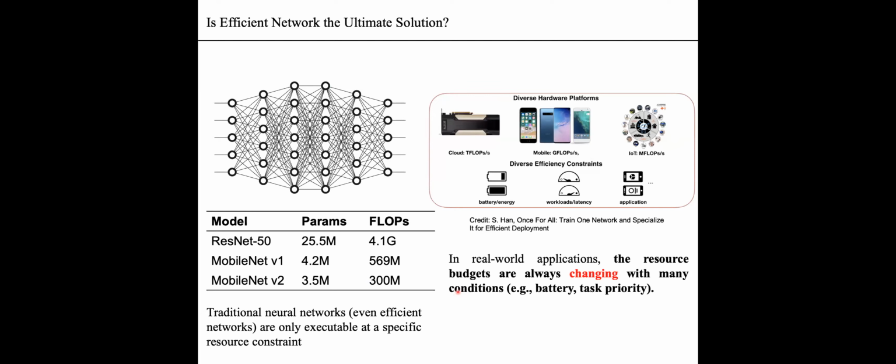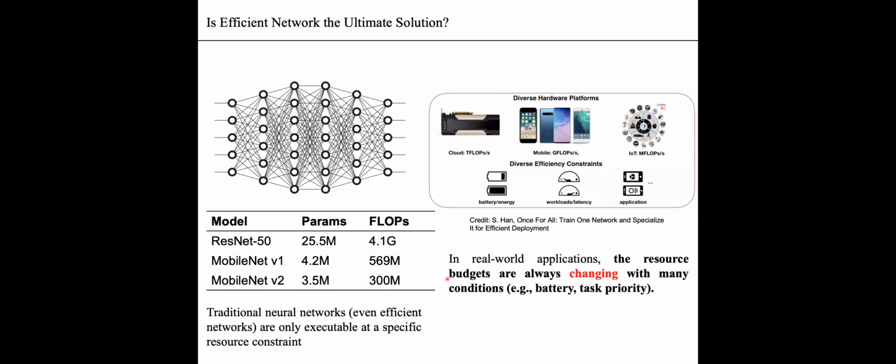But is the efficient network the ultimate solution, right? The traditional neural networks, even the efficient networks, like MobileNet V1 and V2, are all designed to execute at only a specific resource constraint, determined by the number of parameters and the FLOPs the model has.